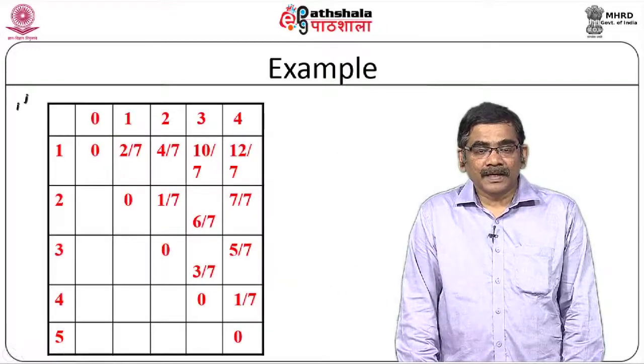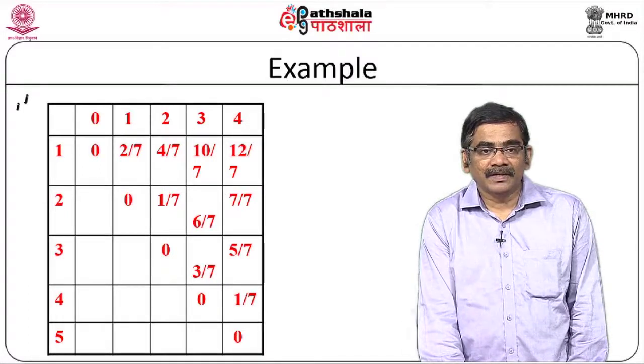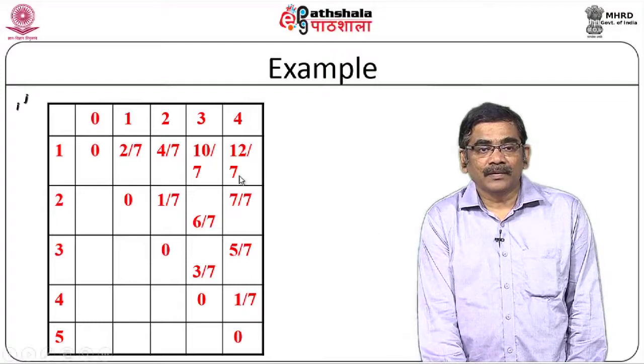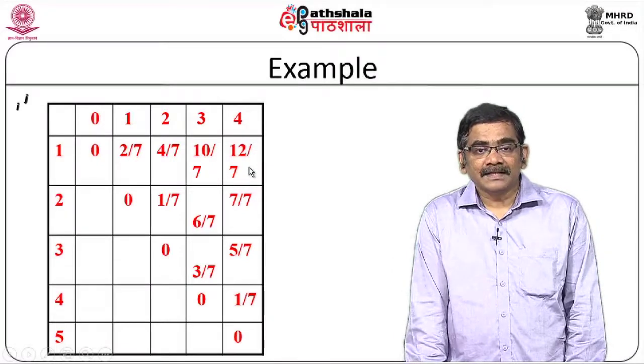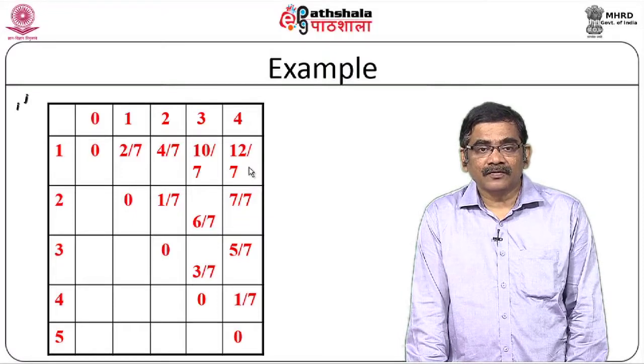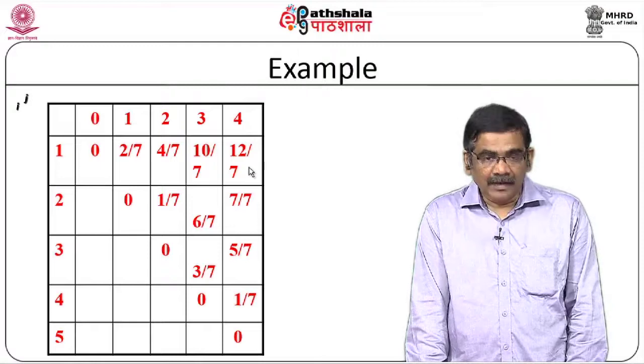Now we can put everything into this table. So 12 by 7 is 1 comma n, that is 1 comma 4. Therefore, this is the optimal cost for constructing the tree structure.